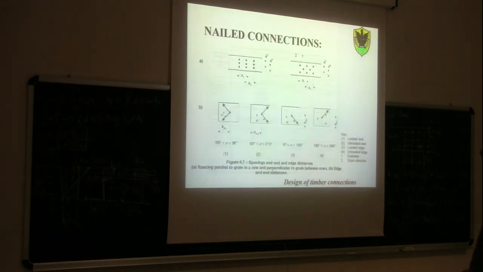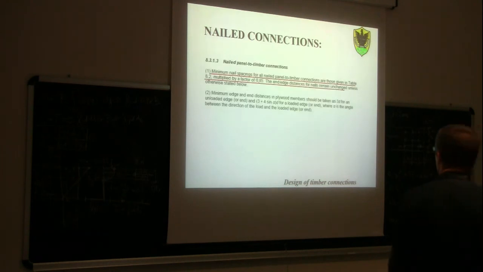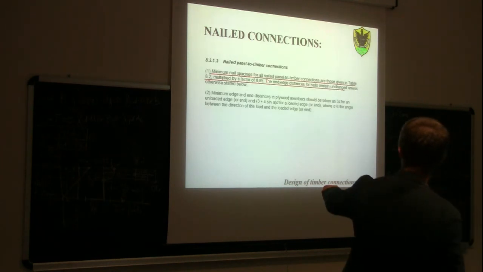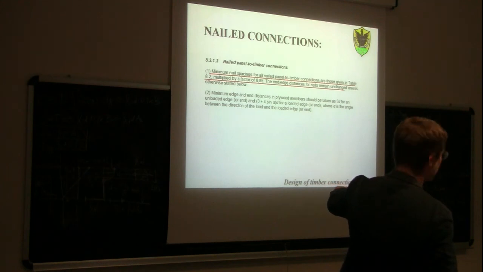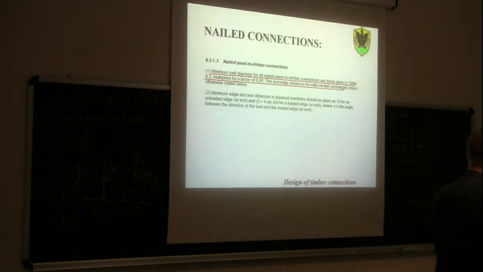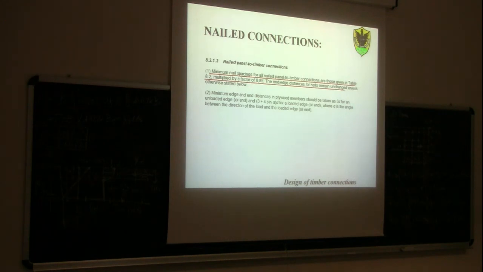Of course, if you are using a panel to timber connection, so if you are connecting the nail not to a normal wood member, but to a wood-based panel, like for example plywood, which is more isotropic with better properties, in this case we can multiply these values by 0.85. So we can reduce the minimum distances by 15%.